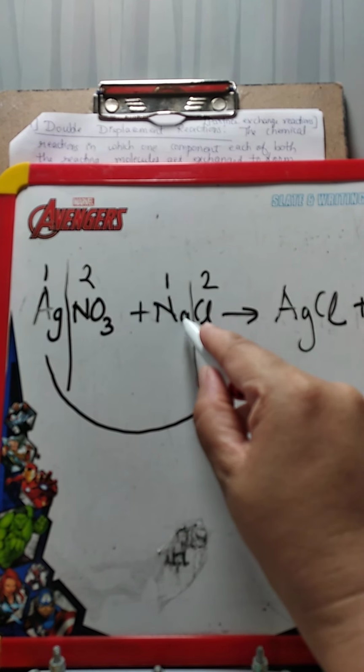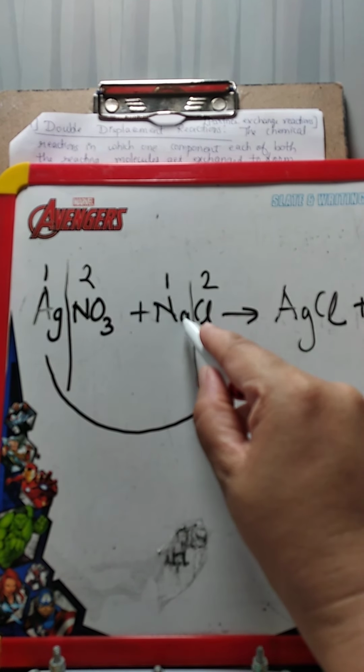For AgNO3, NO3 was the partner, now Cl has become a partner, AgCl is formed, and Na makes partnership with NO3, that is why NaNO3 is formed. That is why these double displacement reactions are also called partner exchange reactions, also called ionic reactions. Why? Because ions are getting formed, cations and anions.